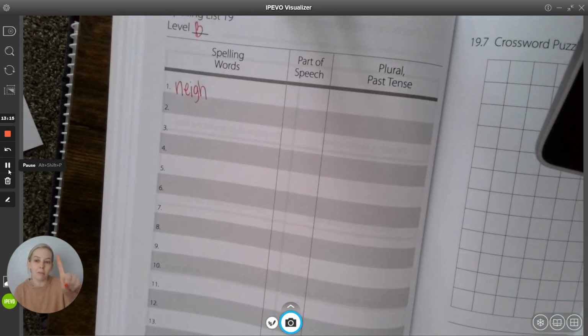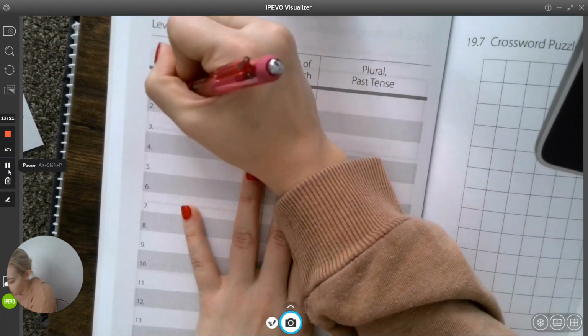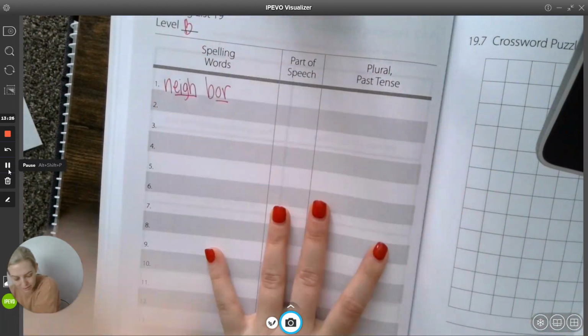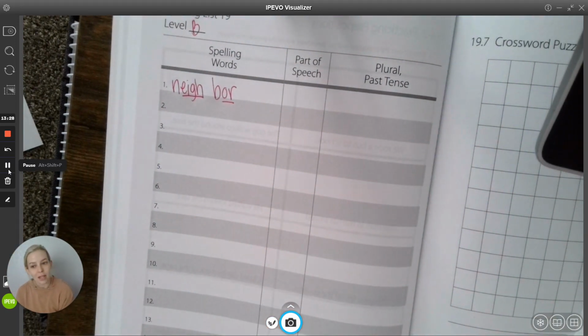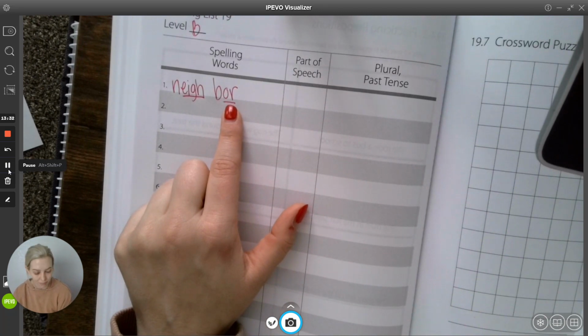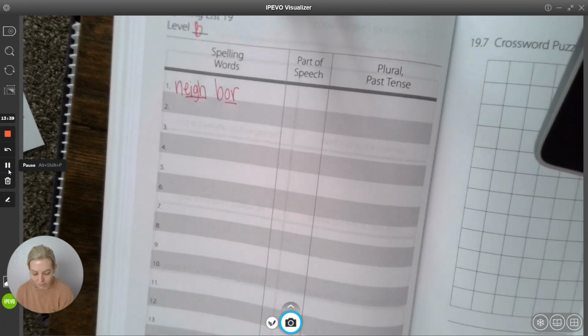Finger spell. B-or. Underline our phonograms. And just note that this is a schwa sound. When we speak normally, we say neighbor. So, or is saying schwa, because it is an unstressed syllable.